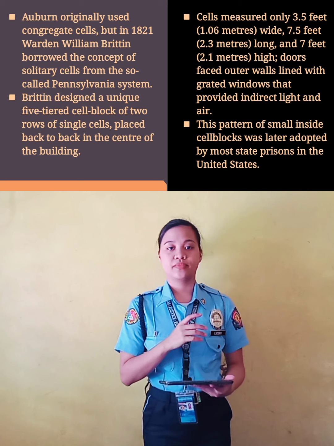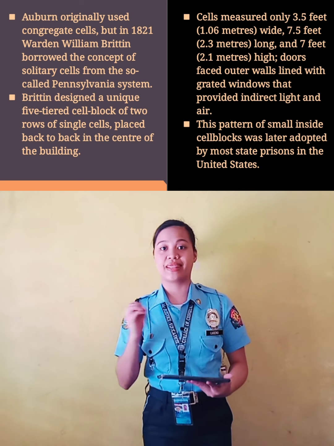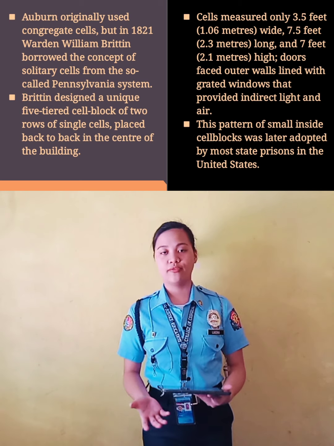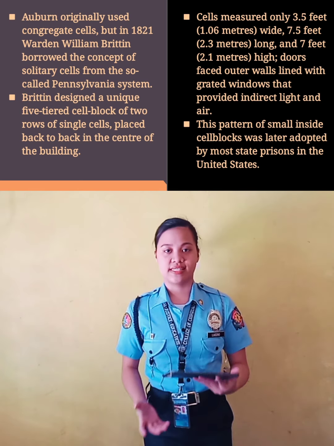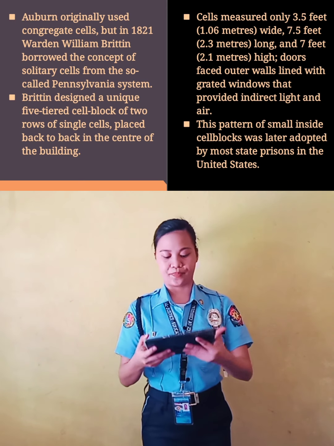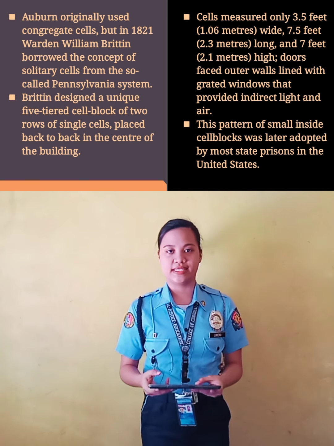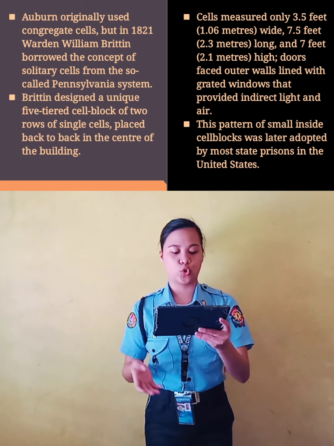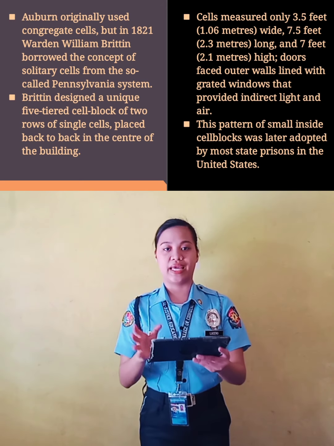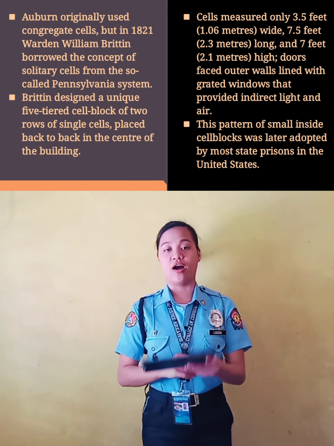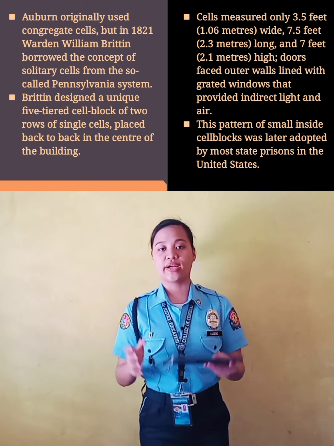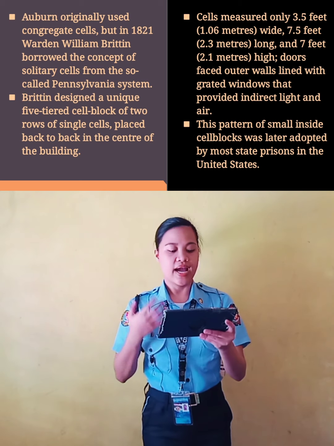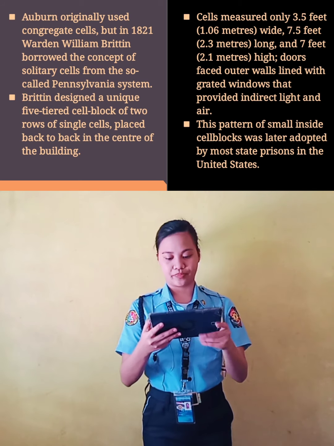Brittin designed a unique 5-tiered cell block of 2 rows of single cells placed back to back in the center of the building.